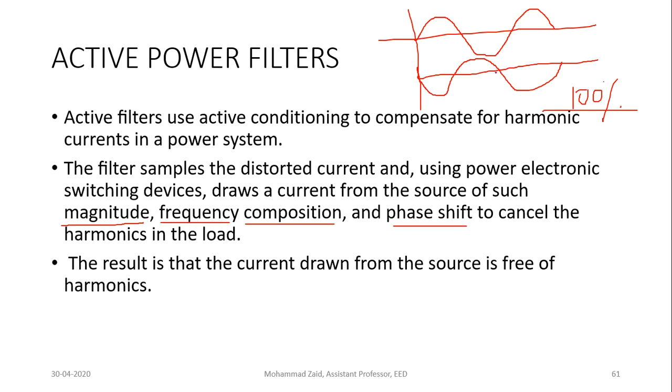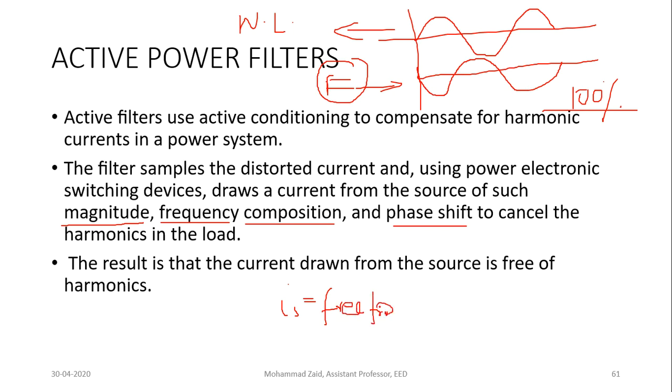Whenever this is the current produced by the filter and this is the current produced by the non-linear load, if you have designed your filter like this, then the source current will be free from harmonics.